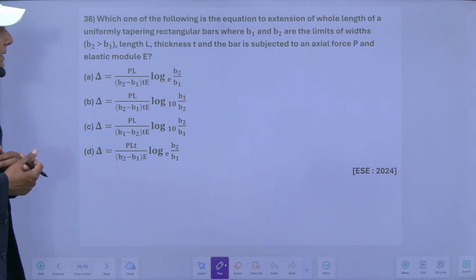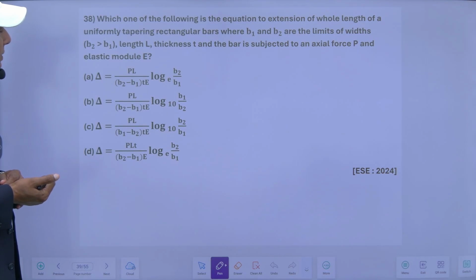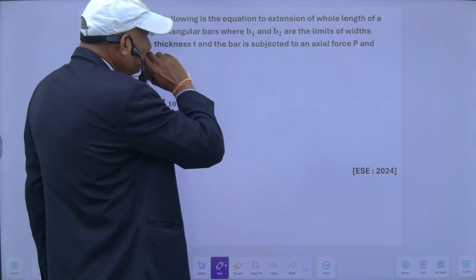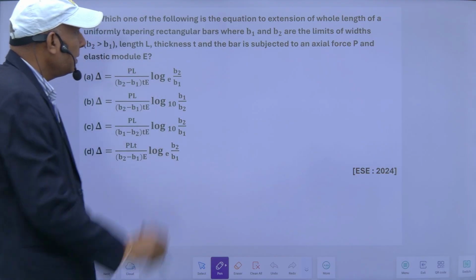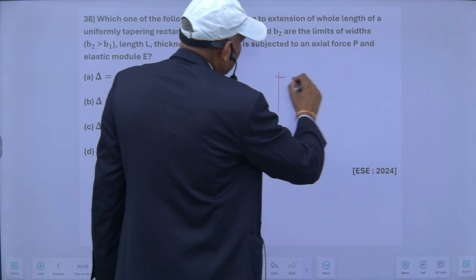Which one of the following is the equation for extension of the whole length of a uniformly tapering rectangular bar when B1 and B2 are the limits of widths? So in case of uniformly tapering, it is like this.